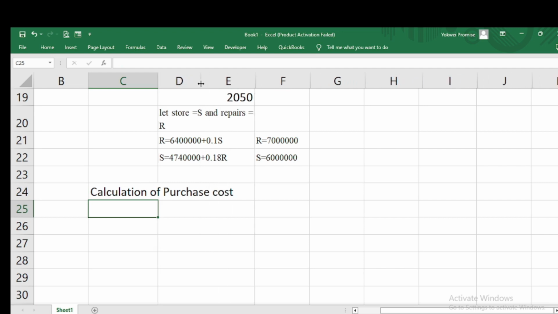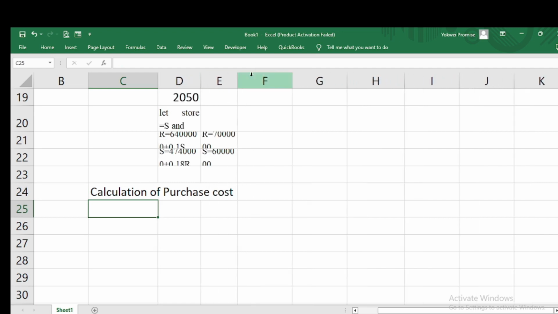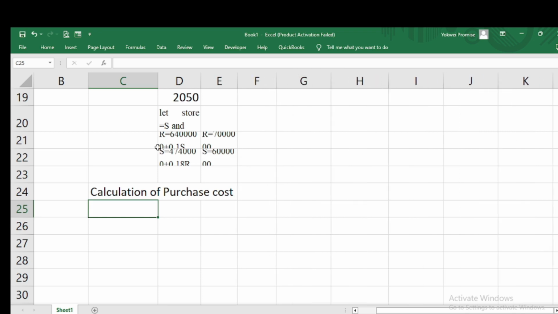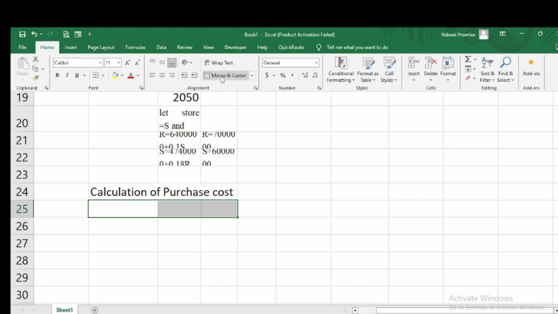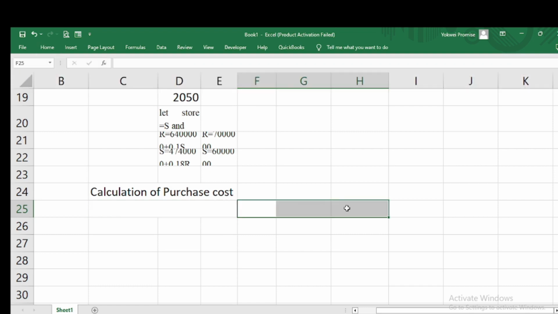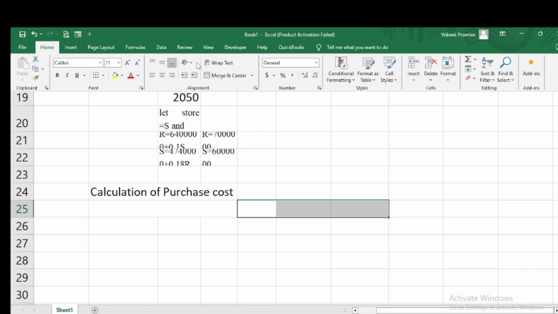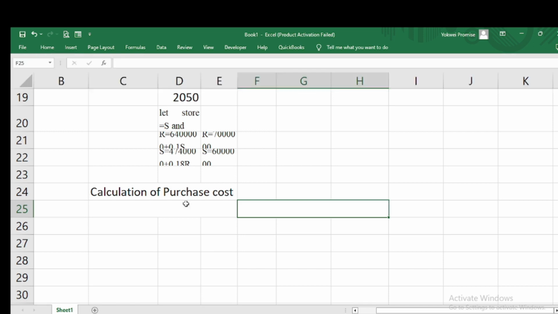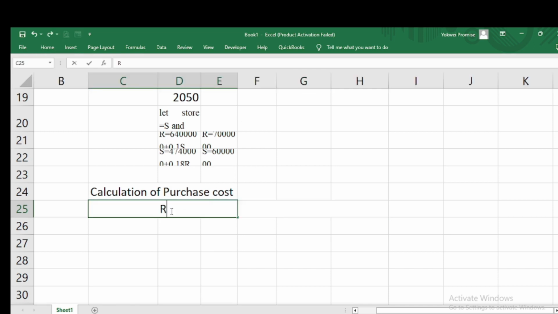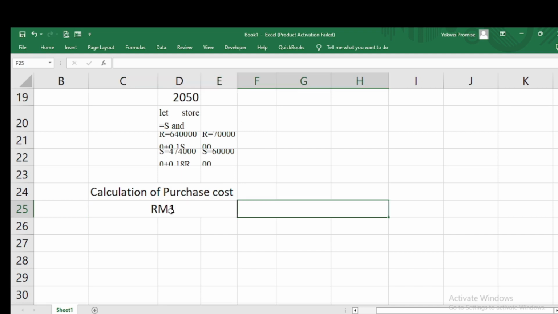Cannot squeeze these things since we don't need them again. Right, so I have raw material 1, I have raw material 2.